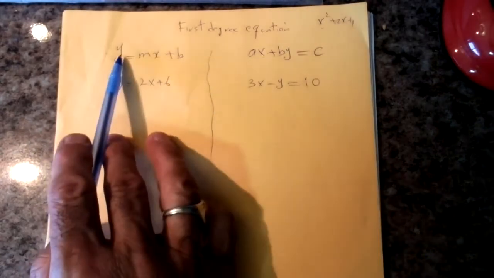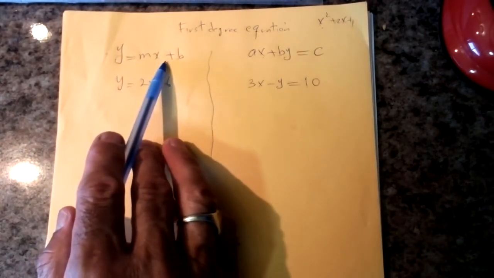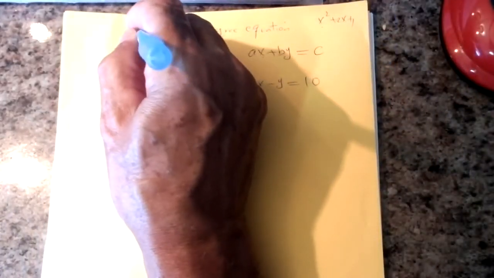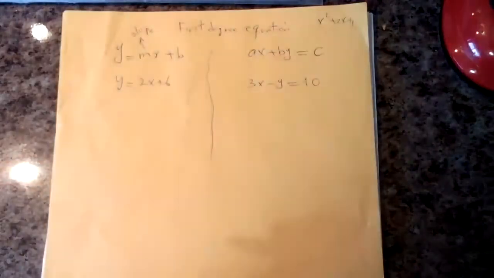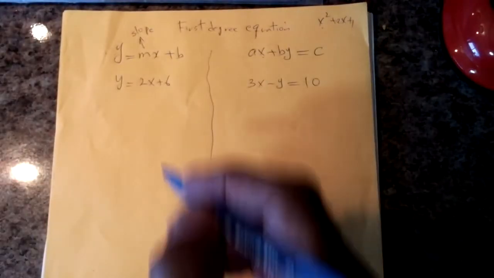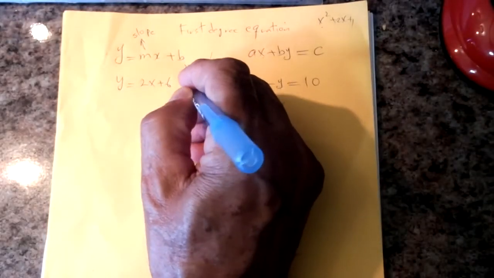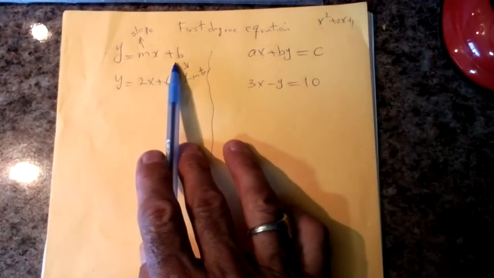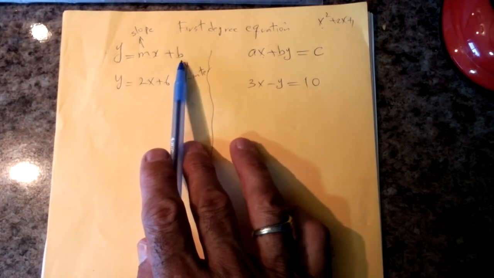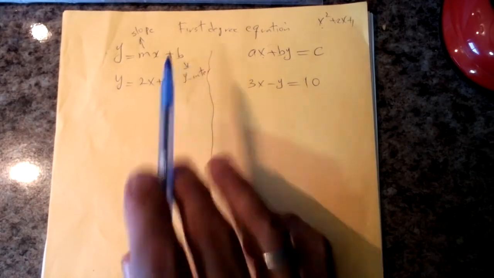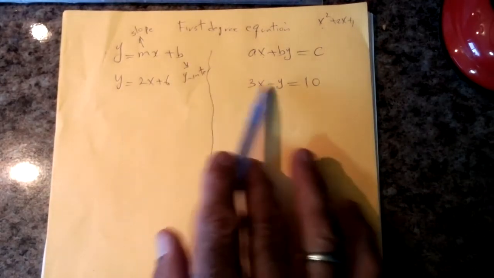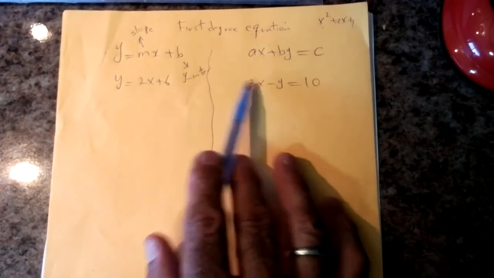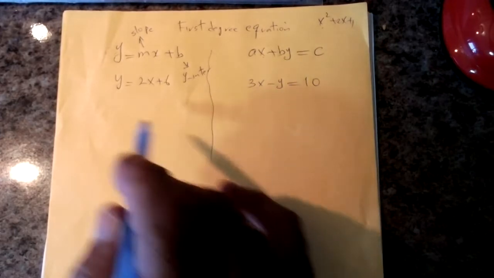When you have an equation like this, y equal mx plus b, m is your slope, and b is the y-intercept. The y-intercept is the place where my graph intersects the y-axis. So these are two equations that are always given for a straight line.